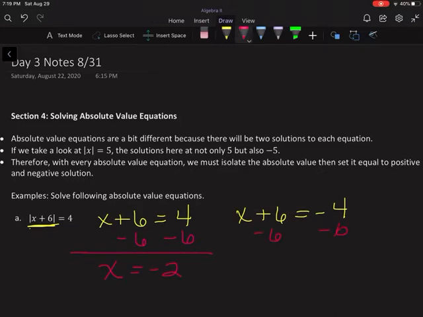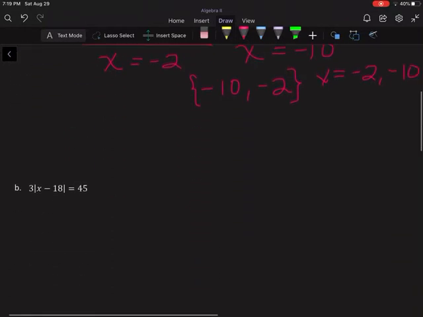X is equal to negative 2. Subtract 6. X is equal to negative 10. So our solution set is negative 10, comma negative 2. And if you can't make those squiggles, last year they just wanted to write it like this. Okay? So either one of those works.